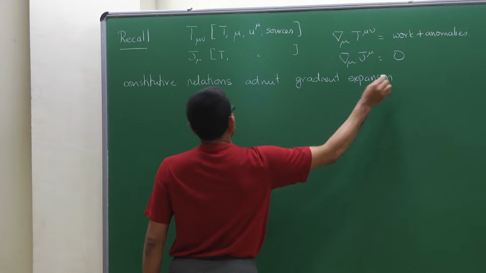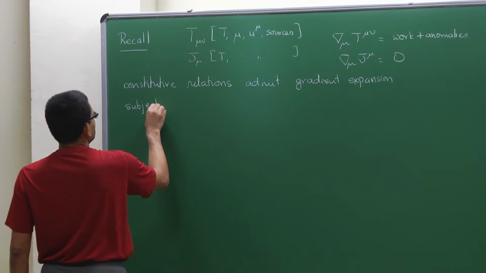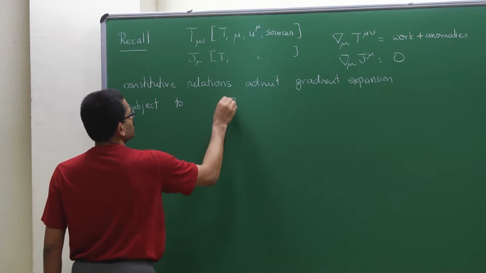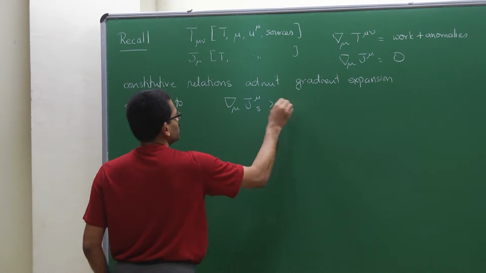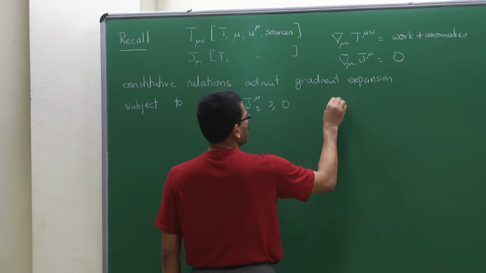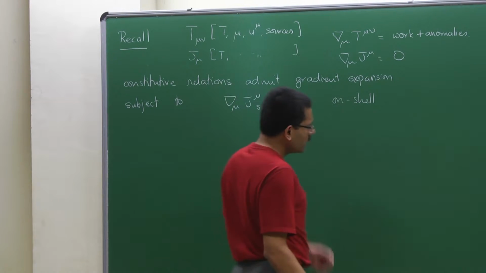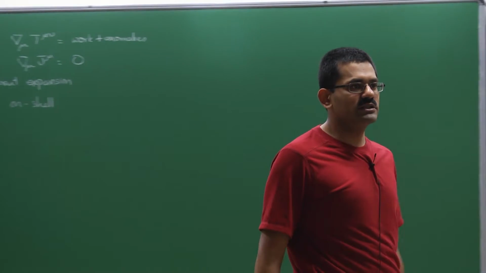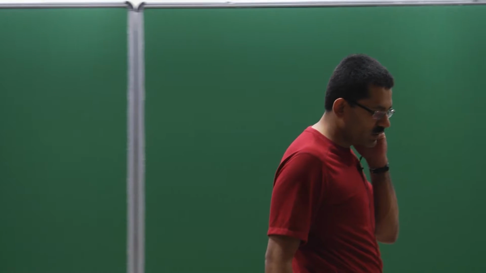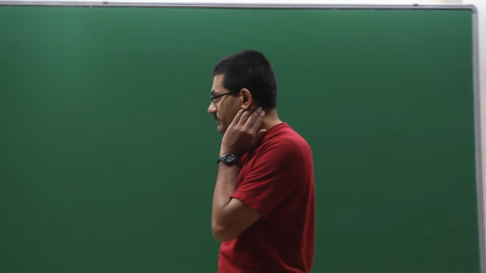But they were subject to this constraint that there was some other object, a slightly less obvious one, the entropy current, whose divergence was required to be non-negative.